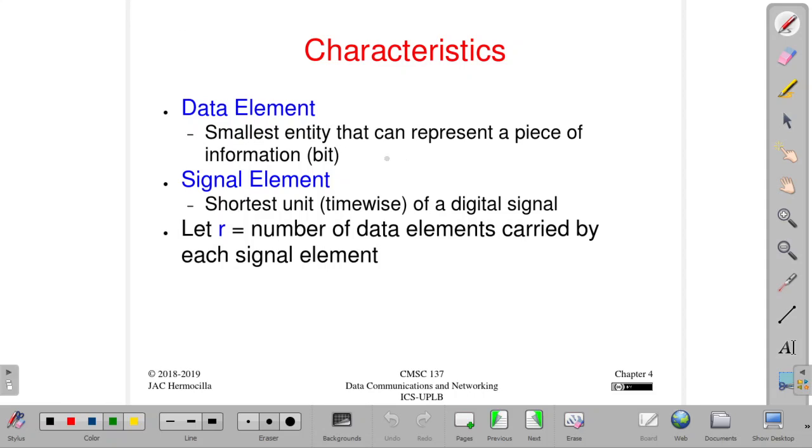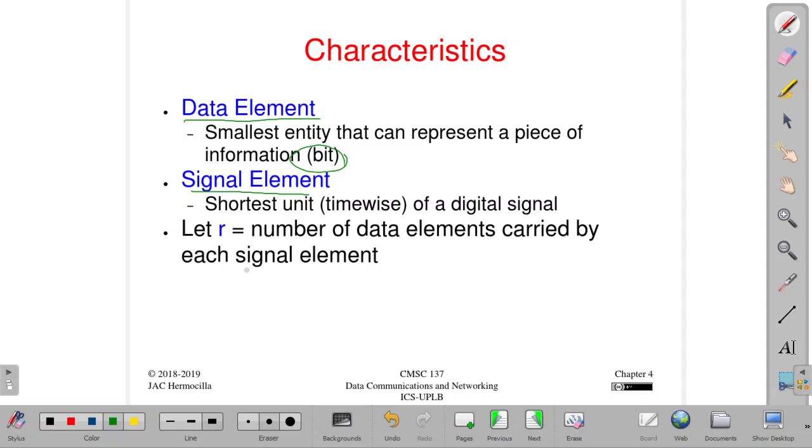Okay, so first we define what we call a data element. A data element is the smallest entity that can represent a piece of information. We know that as the bit, ones and zeros. Then we differentiate that from signal element.